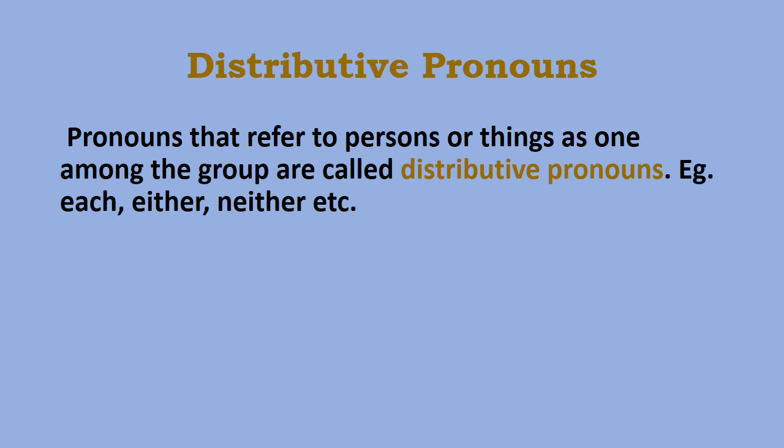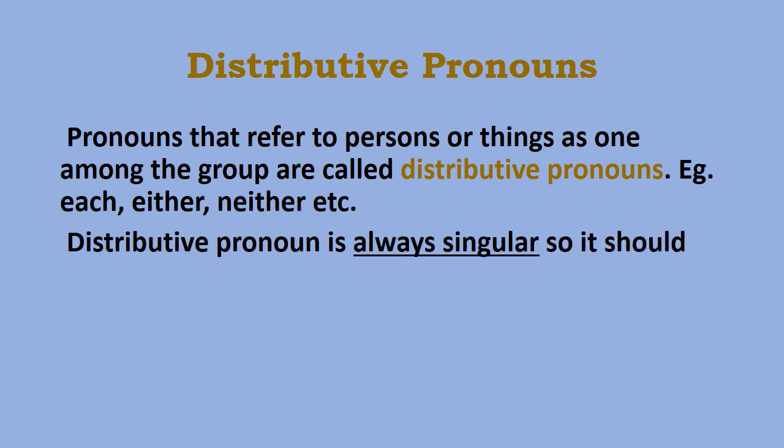It considers each and every person or thing in the group as an individual. That means a distributive pronoun is always singular, so it should be followed by a singular verb. Don't forget this.